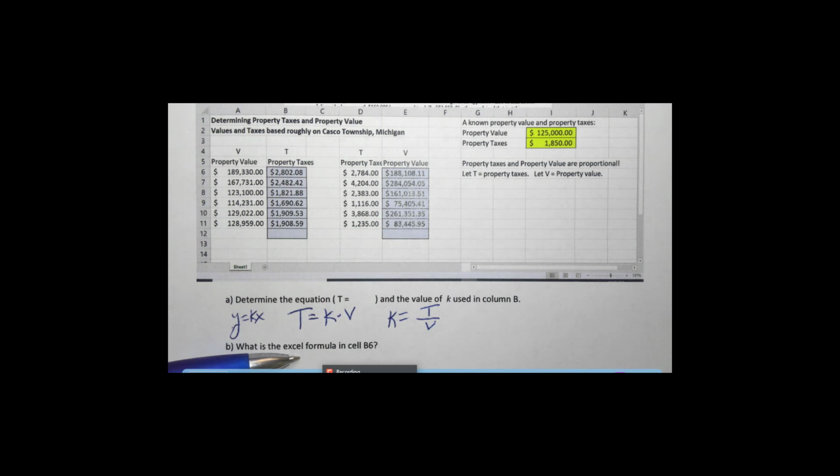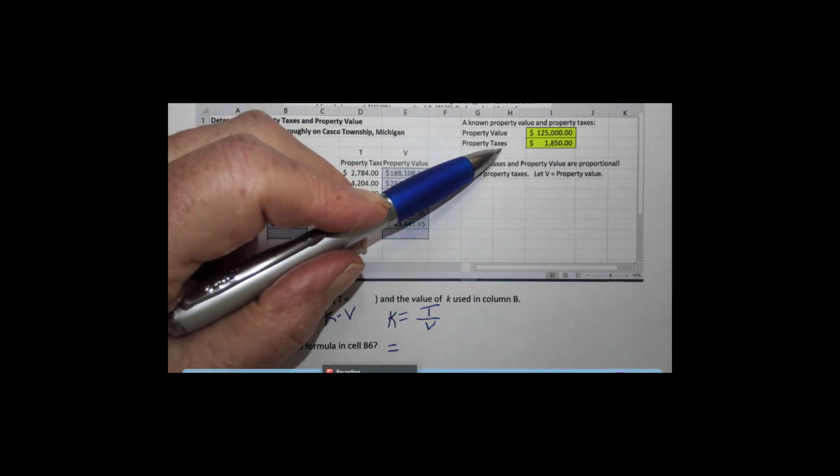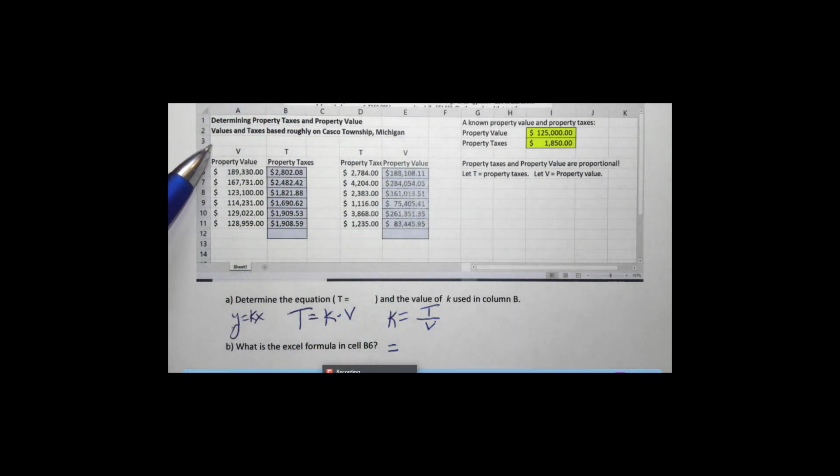So the formula is going to simply be equals, which means taxes equals I3 divided by I2, taxes divided by value.